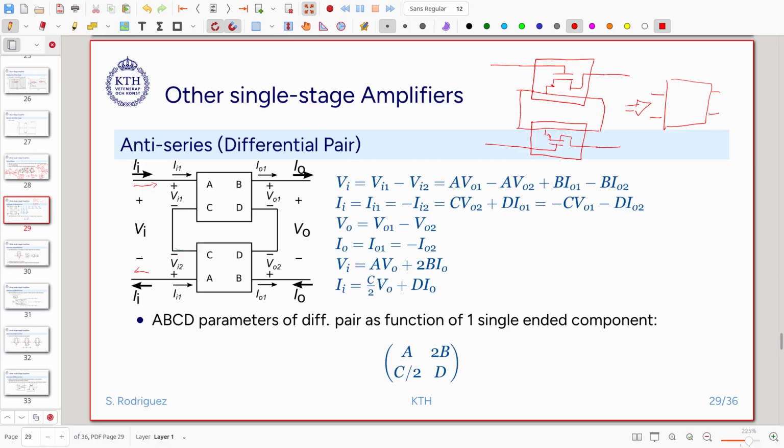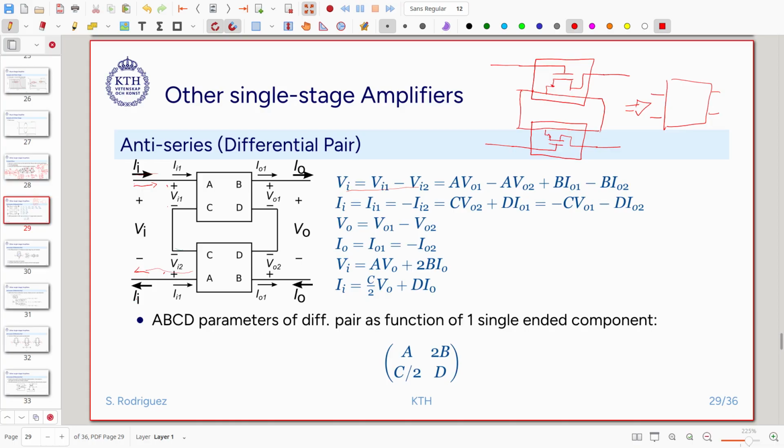So we have a number of equations here. For the first one, the input voltage will be equal to VA1 minus VA2. Okay, so this is our first equation here. The other equation that we will have is that this current that flows inside this combination is equal to I1, the current entering in the first block, and this current has exactly the same amplitude but flows in the opposite direction to I1.